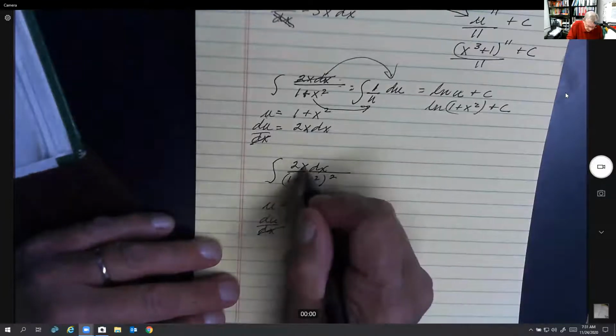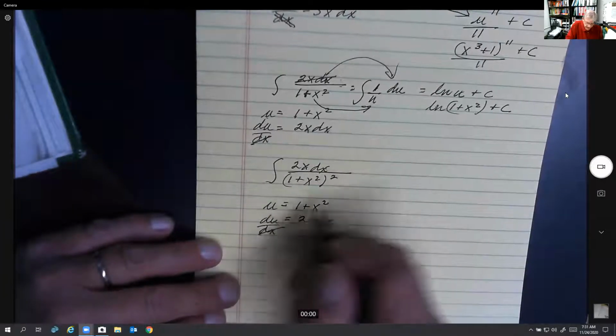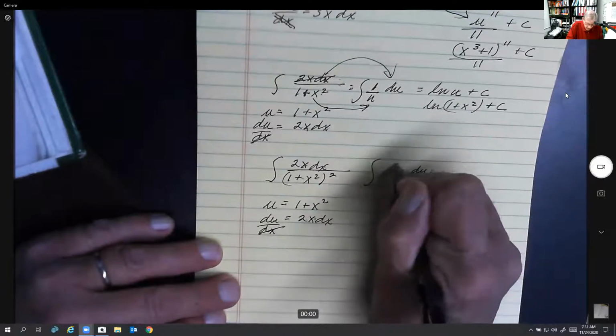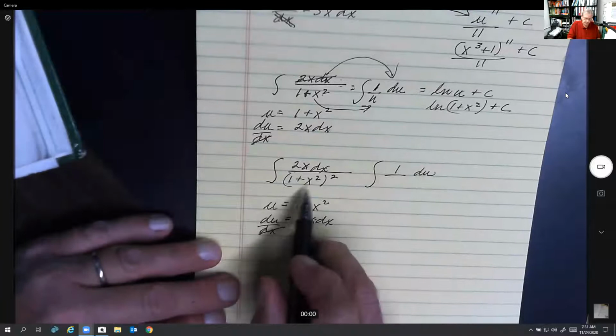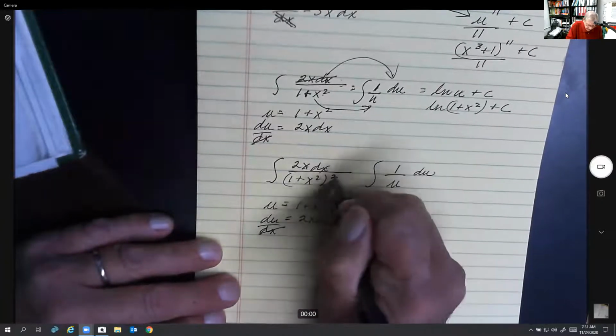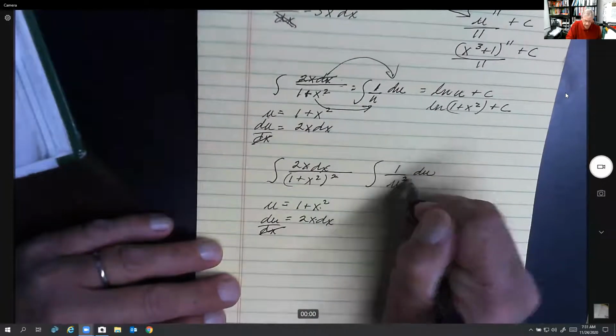So once again, we see 2x dx is equal to du. Let's put this, and this is going to be 1 over u, but now it has a power on the outside, u squared.